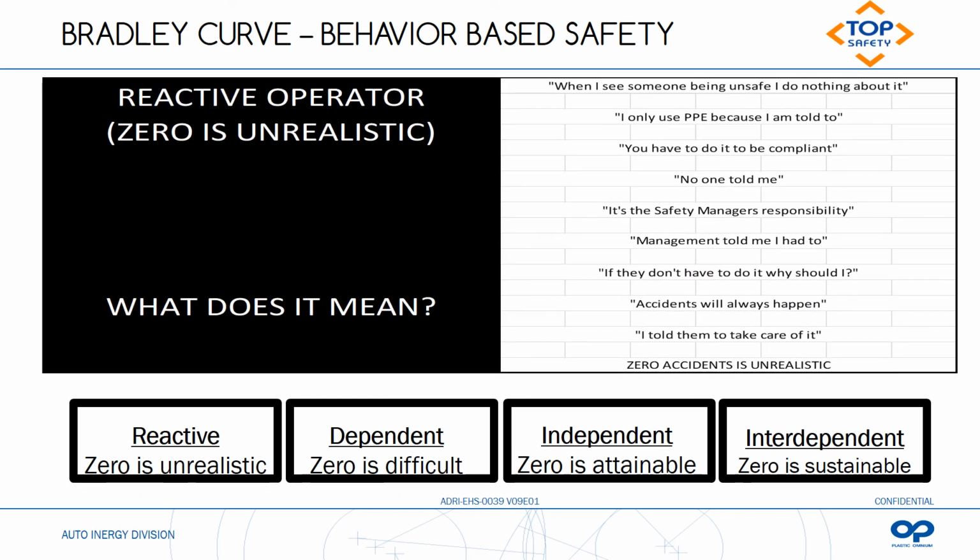If you are a reactive operator, these are some of your examples. I only use PPE because I am told to. It's the safety manager's responsibility. This is the mindset that accidents will always happen. If these examples are followed, 0 accidents are unrealistic.